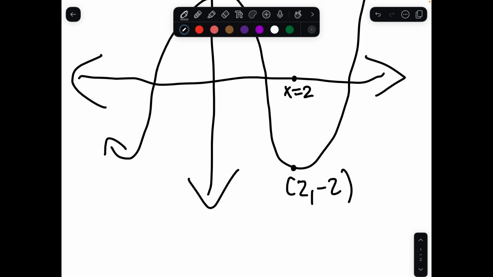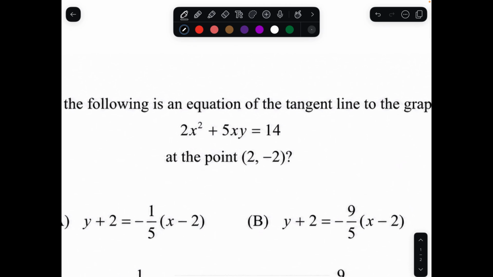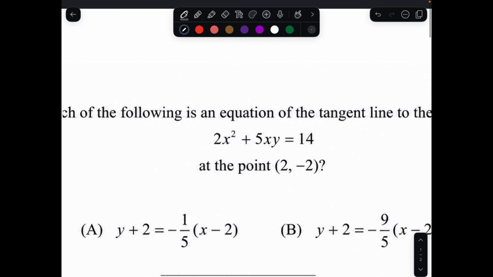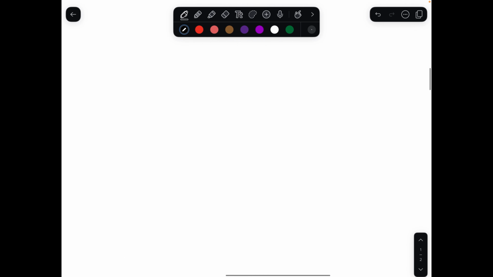So it's saying if we take the tangent line to this point, which would be this, we need to make an equation using the slope of the tangent line to the graph of 2x squared plus 5xy equals 14 at the point (2, -2).